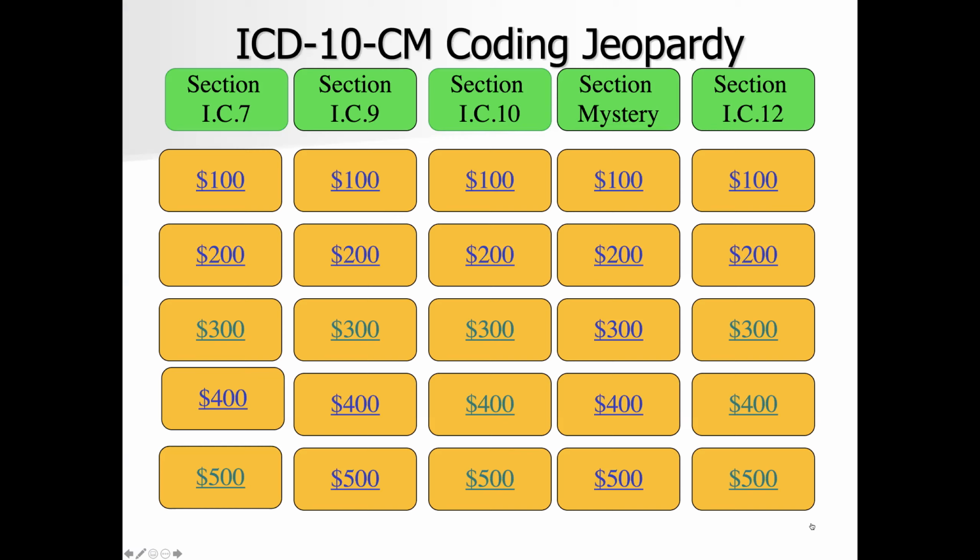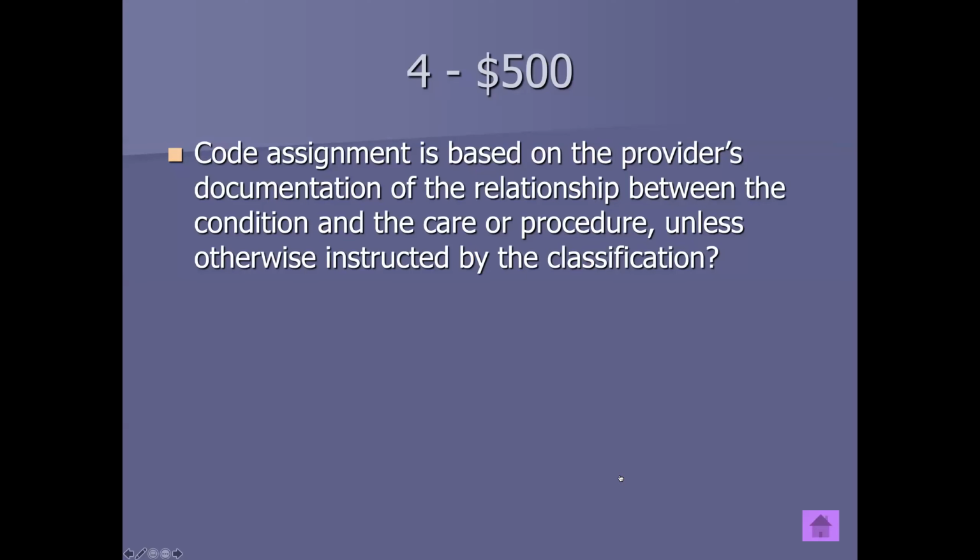All right, first up, I'm going to go to the mystery section for 500 because my motto is go big or go home. And here's the question. Code assignment is based on the provider's documentation of the relationship between the condition and the care or procedure unless otherwise instructed by the classification.